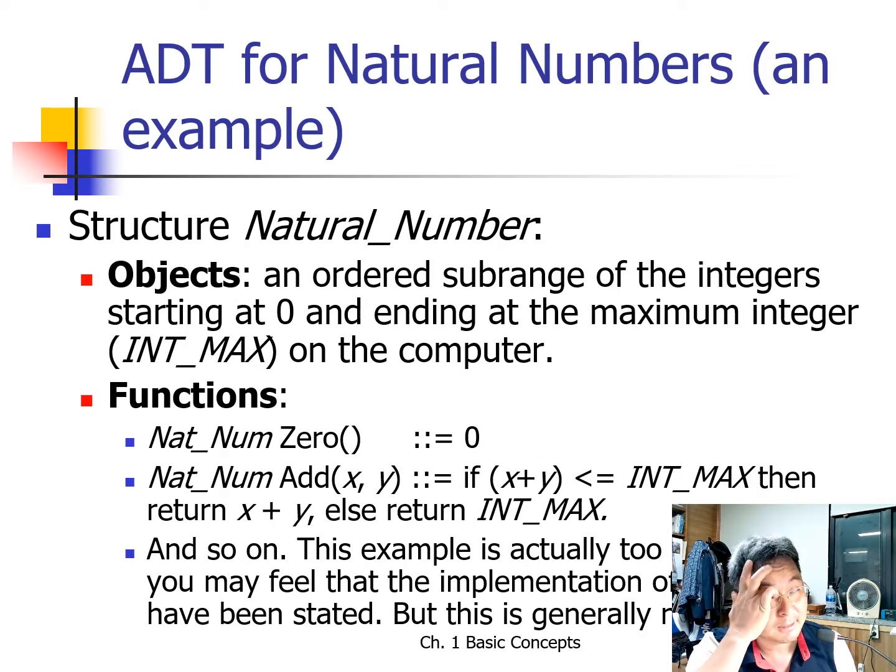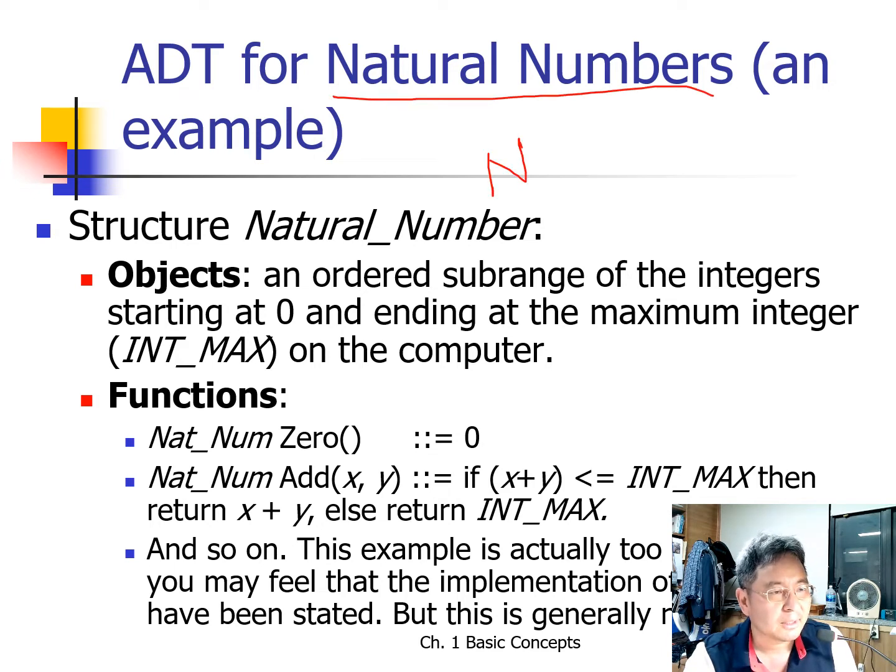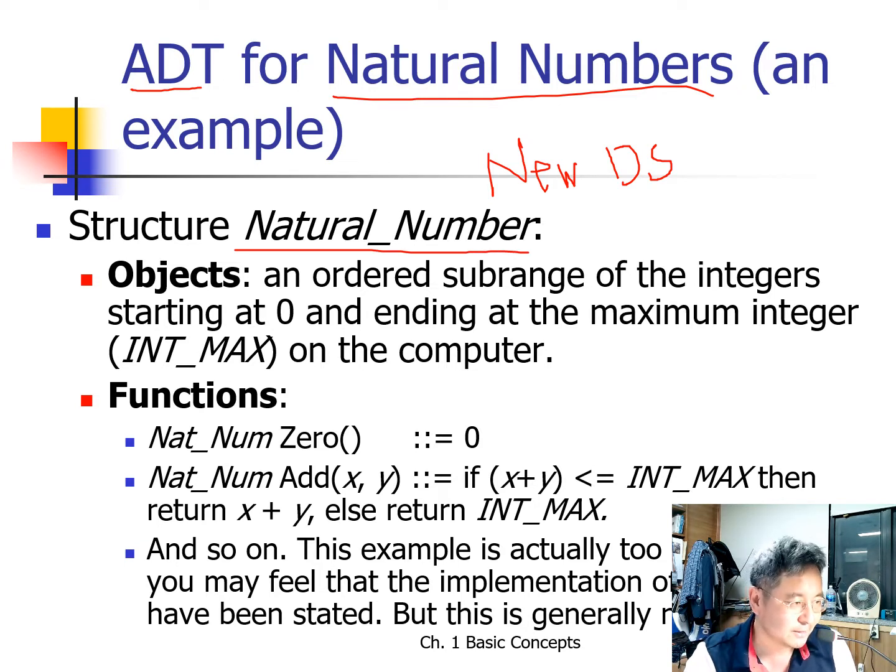This is an example of the natural number data structure. How will we define this new data structure? We just adopt an ADT, abstract data type, NaturalNumber here, and this definition consists of two parts, objects and functions.